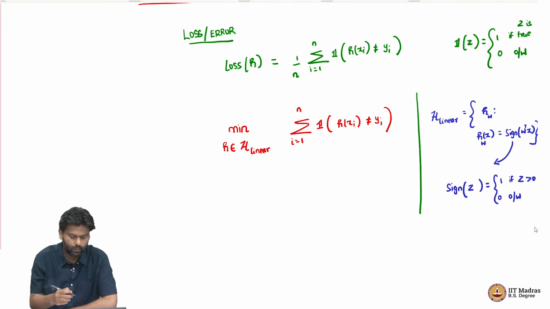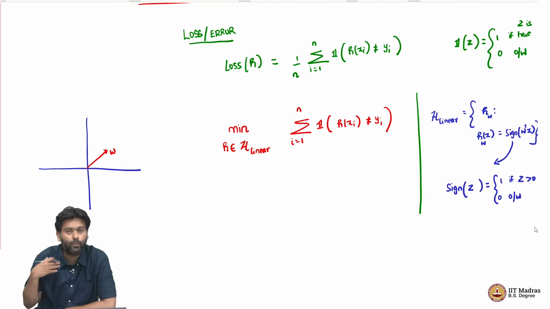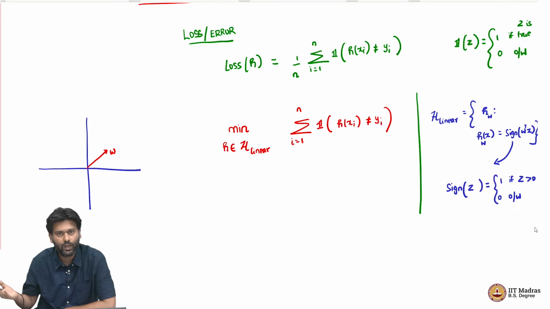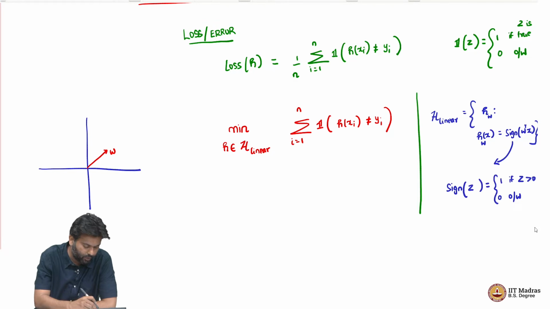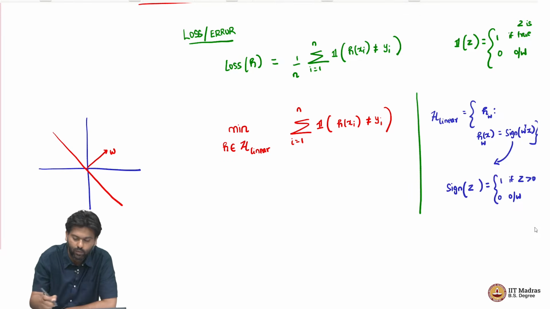So in pictures, this is going to look like the following. You have some w, and this gives rise to a function h_w, which is going to predict +1 for every x such that w transpose x is positive. But where are those x? We know where those x's are. Those x's are on the right hand side, so to say, of our hyperplane, or in this case the line.